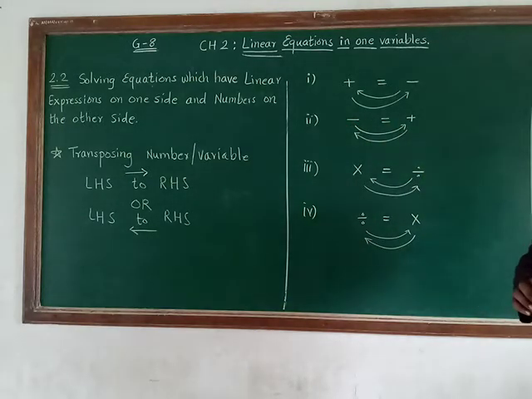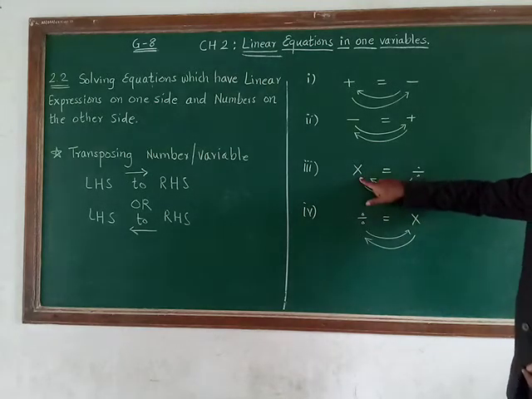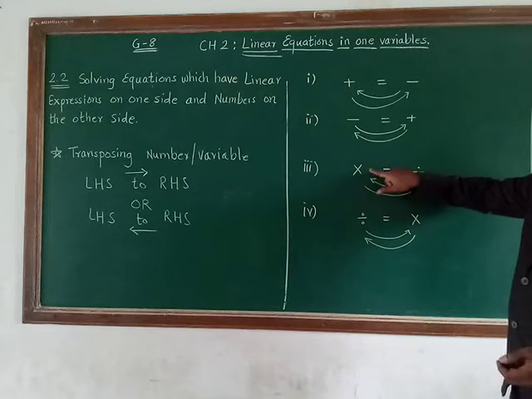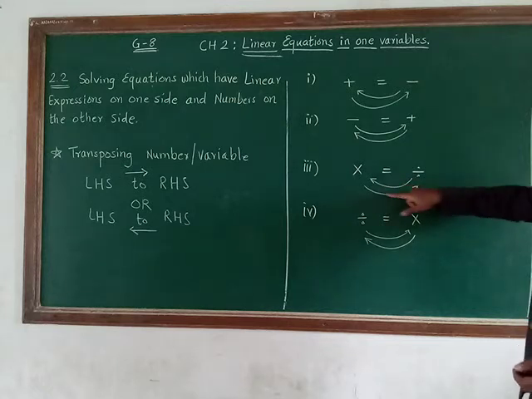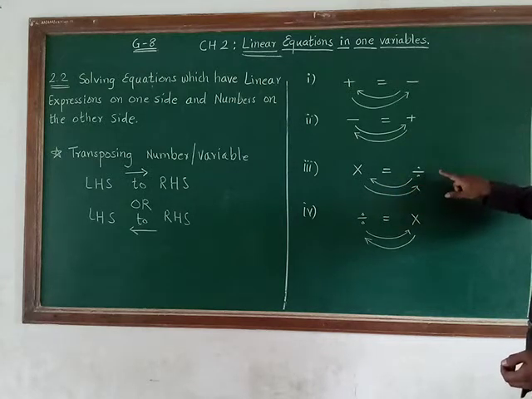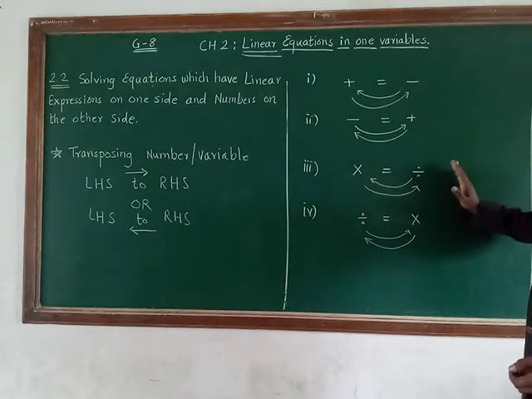The third important rule is that whenever a value is multiplied on one side and we transpose it to the right hand side, it becomes a divisor of the right hand side number or variable.